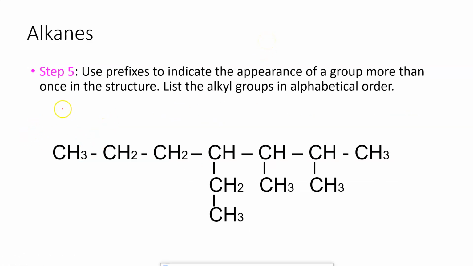I have in position 2 and position 3 dimethyl, meaning 2 methyls, one in position 2 and the other one in position 3, right? And I also have a 4-ethyl, and my main chain is a heptane.